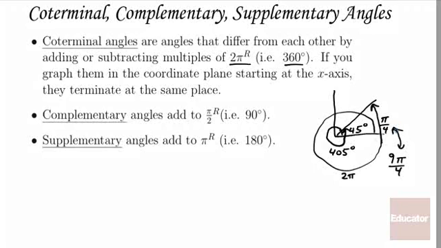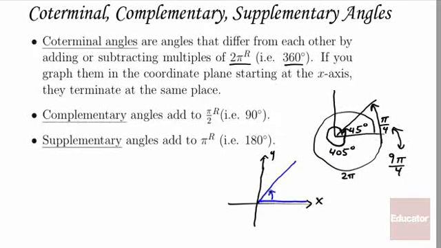The reason they're called coterminal angles is because we often draw angles starting with one side on the positive x-axis. I'll draw this in blue. Then we draw the other side of the angle just wherever it ends up. Coterminal angles are angles that end up at the same place.